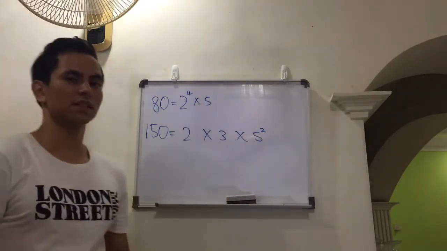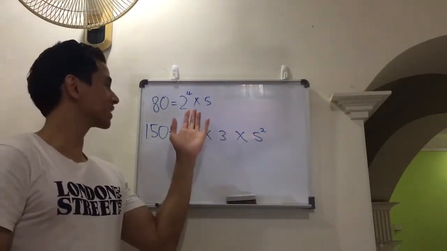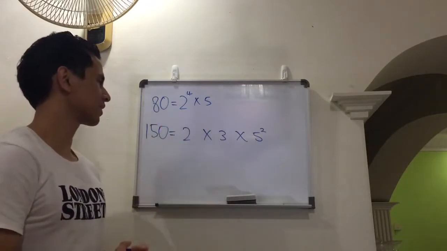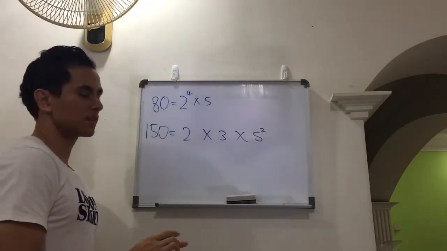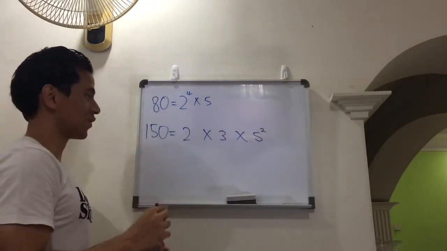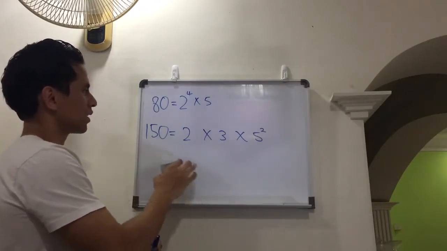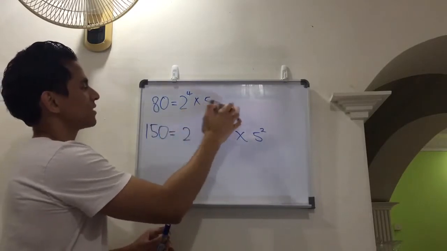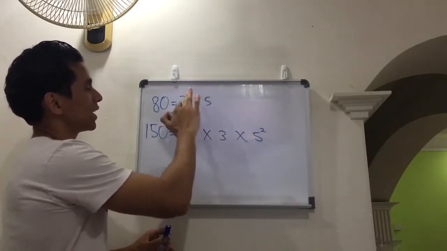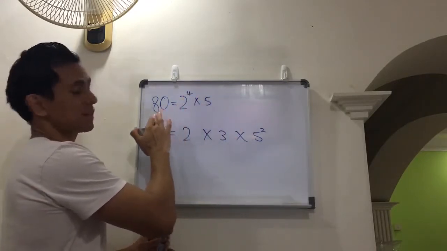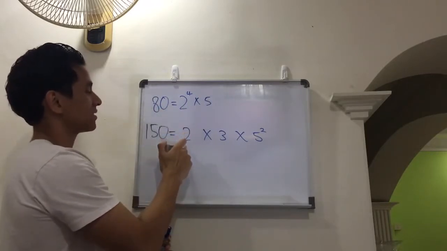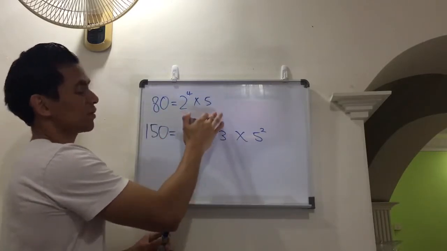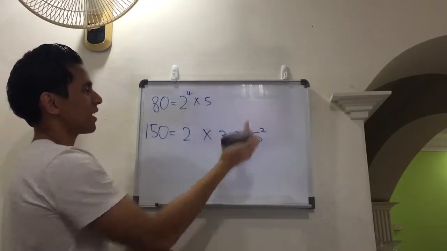So in this case, we are showing the numbers in index notation as such. Now, the trick for the lineup method is as follows. What we want is to make sure that both numbers have the same factors. Ignore the power, but we just want each number to have, let's say, here has 2 times 3 times 5. Here we also want to have 2 times 3 times 5.